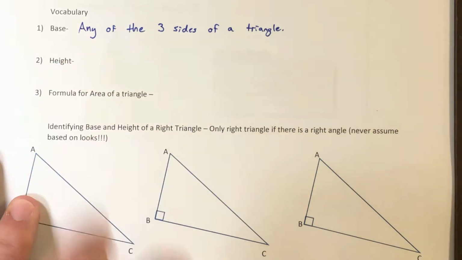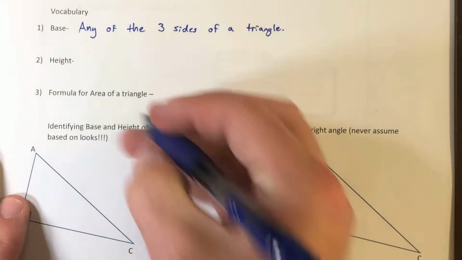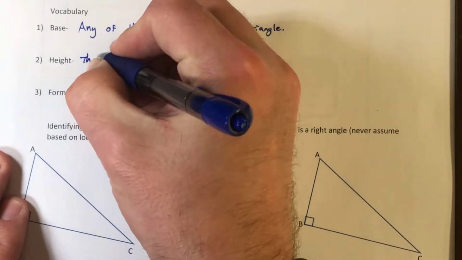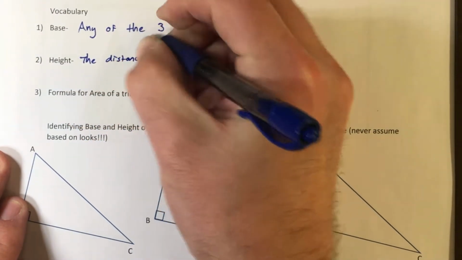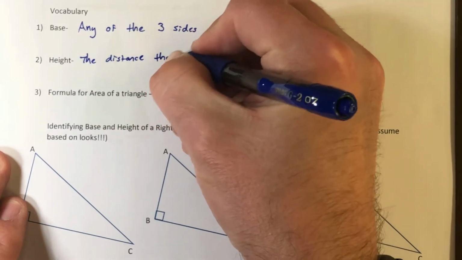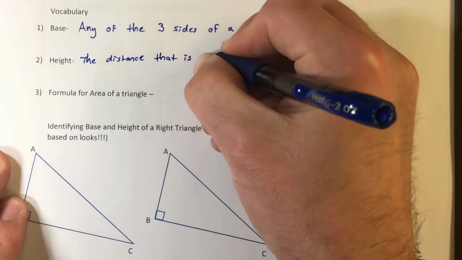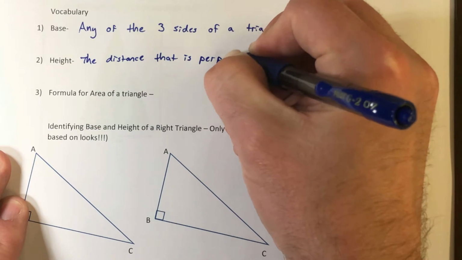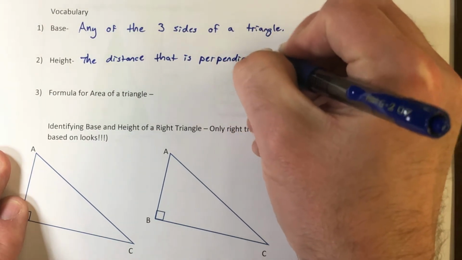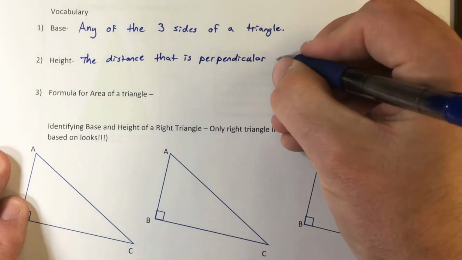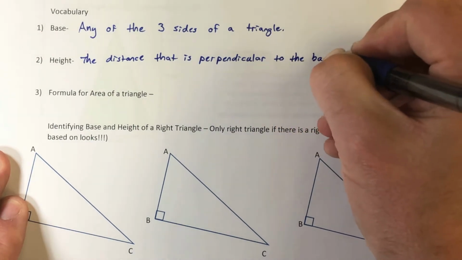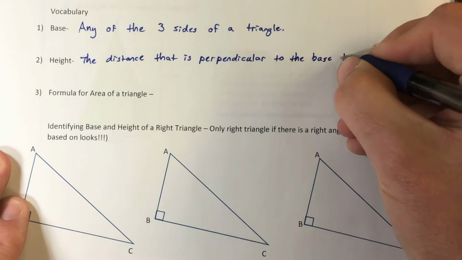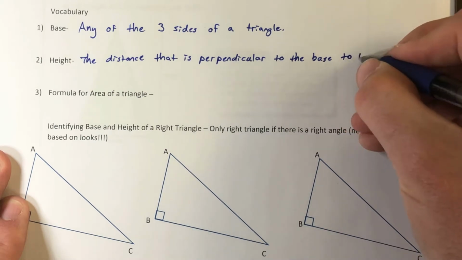Next, height. Height is a little bit more complex. Height is the distance that is perpendicular to the base, to the opposite vertex.